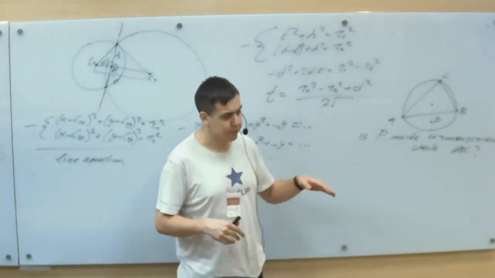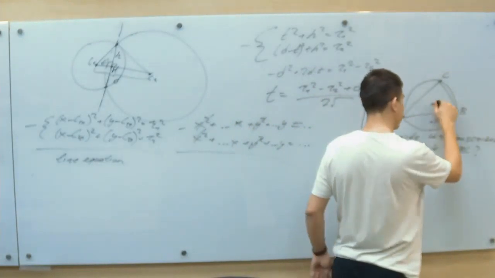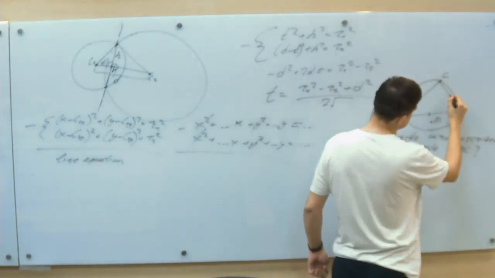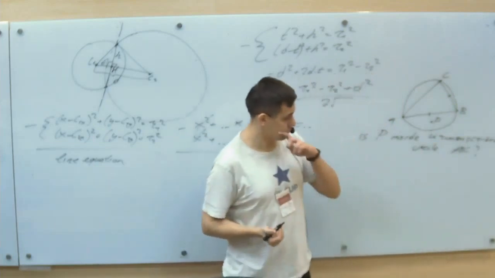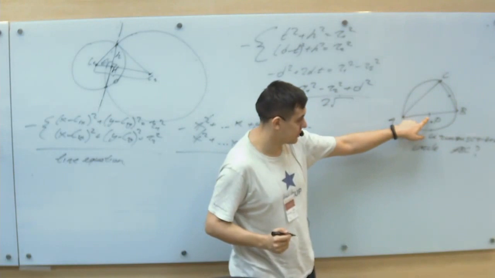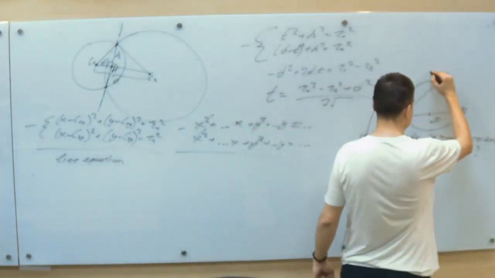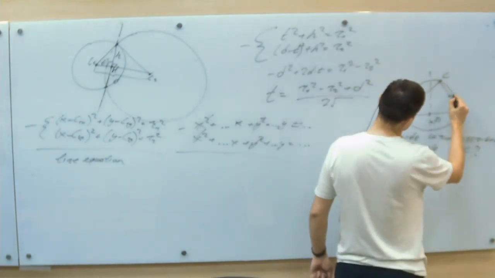You can do it the old-fashioned way, right? Take the middle points of 2 sides. You can draw the perpendicular line through that point, and the line should be perpendicular to AB. So this is the first line, this is the second line.